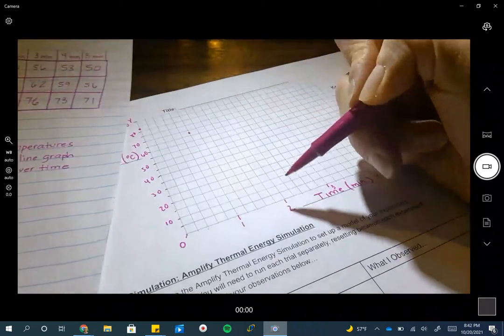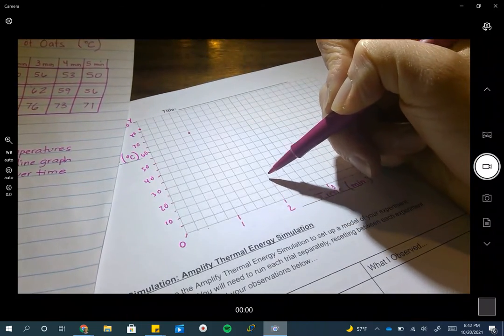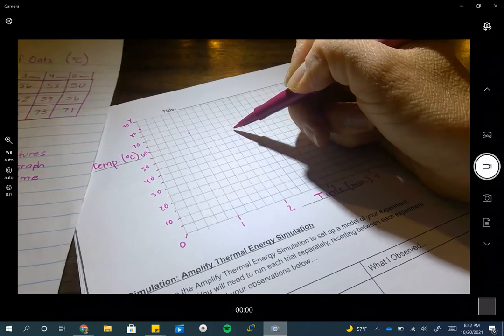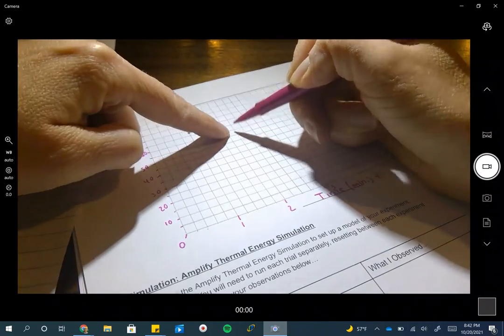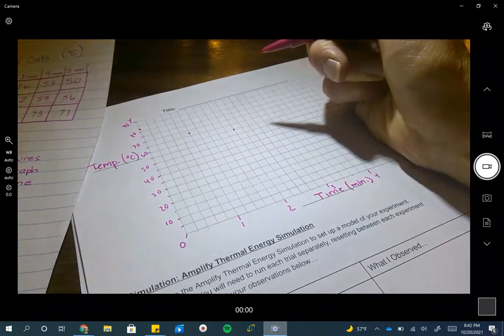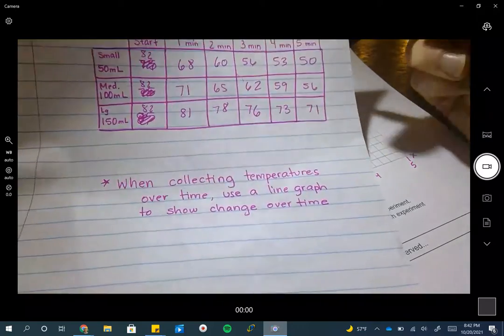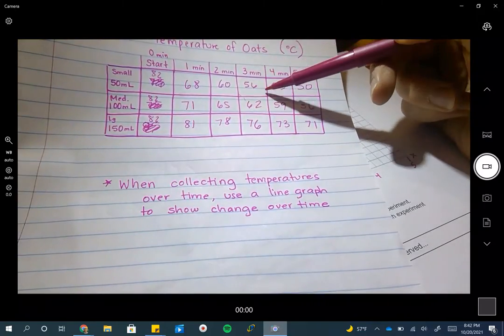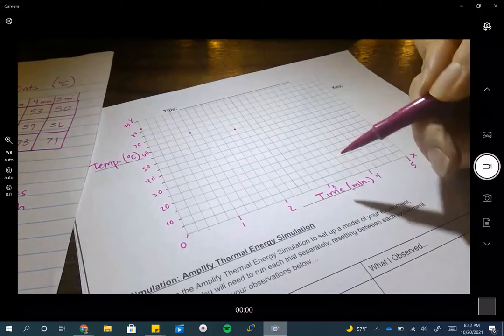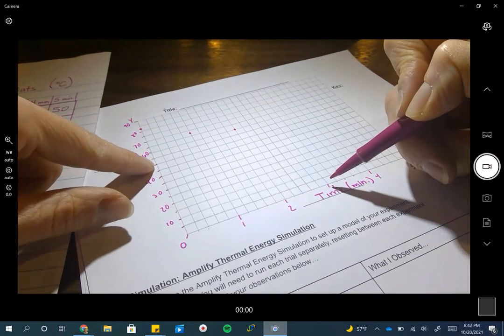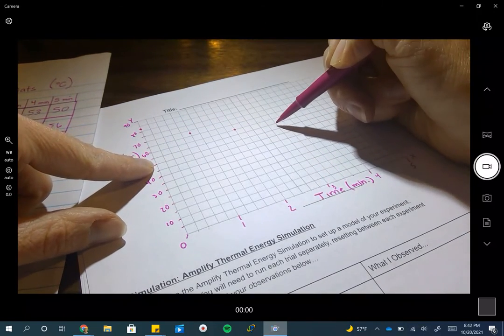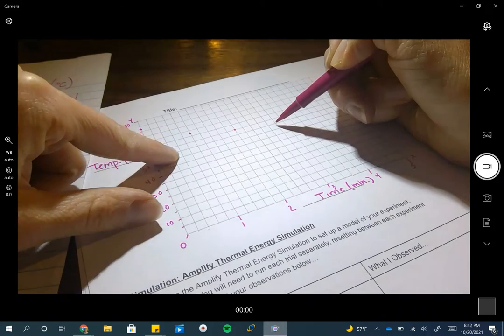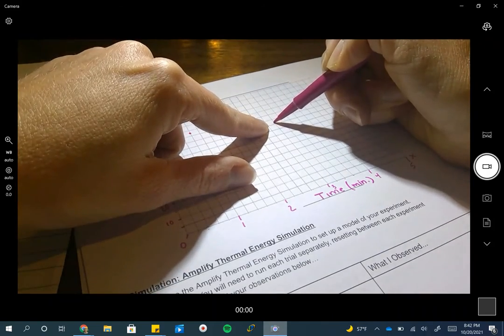So I'm going to come here, 2 minutes. I go up, I find the 60 over, and I put a point. At 3 minutes, the temperature of the small one was 56. So I go to 3 minutes, I find 56, and see where they meet, right about there.